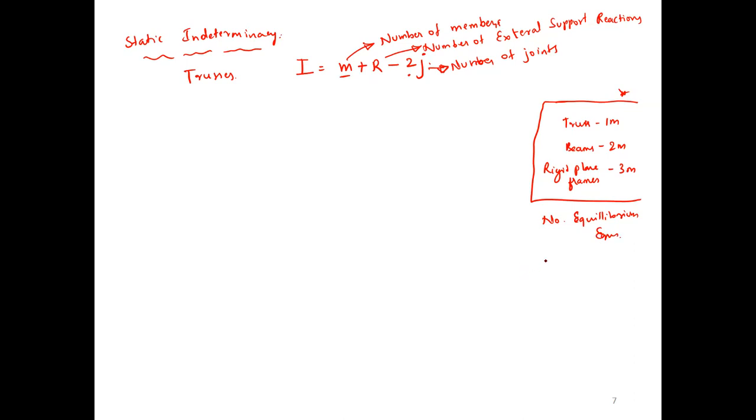For truss, how much? 2. For beams also 2. What are those? For truss, sigma Fx equals 0, sigma Fy equals 0. For beam, sigma Fy equals 0 and sigma M equals 0, not sigma Fx.